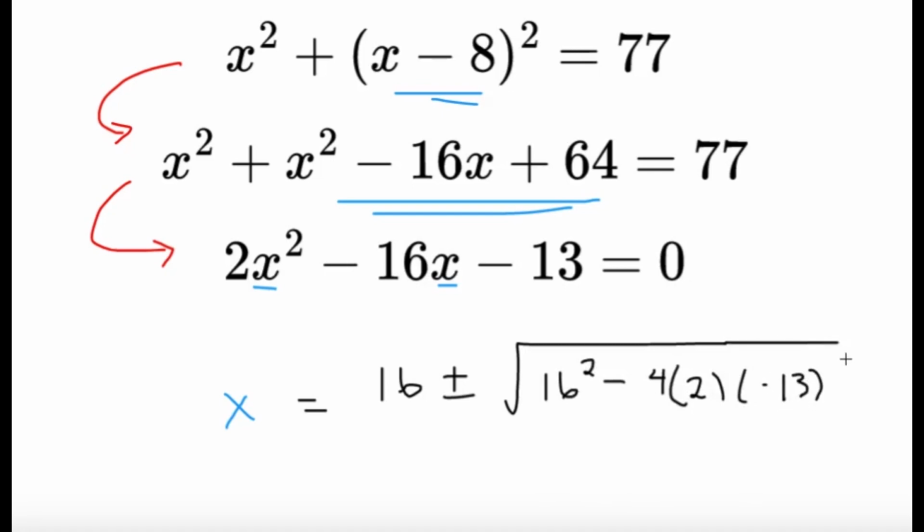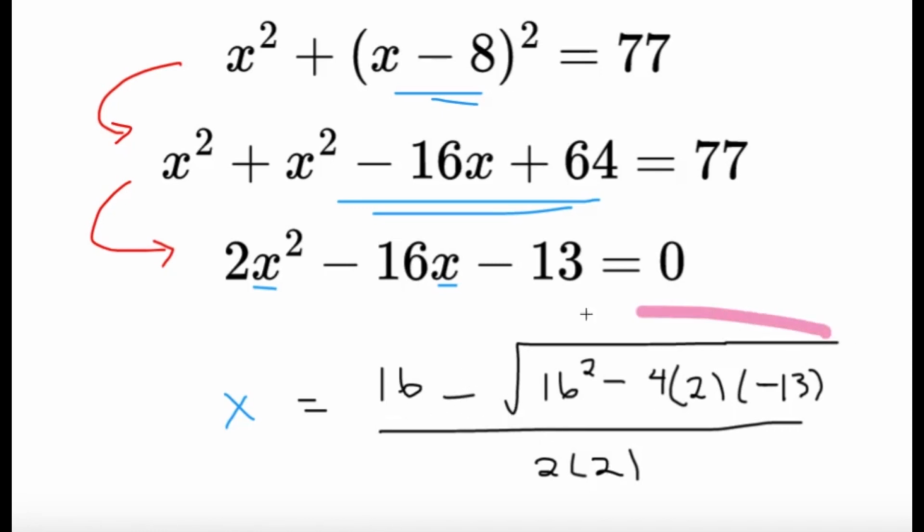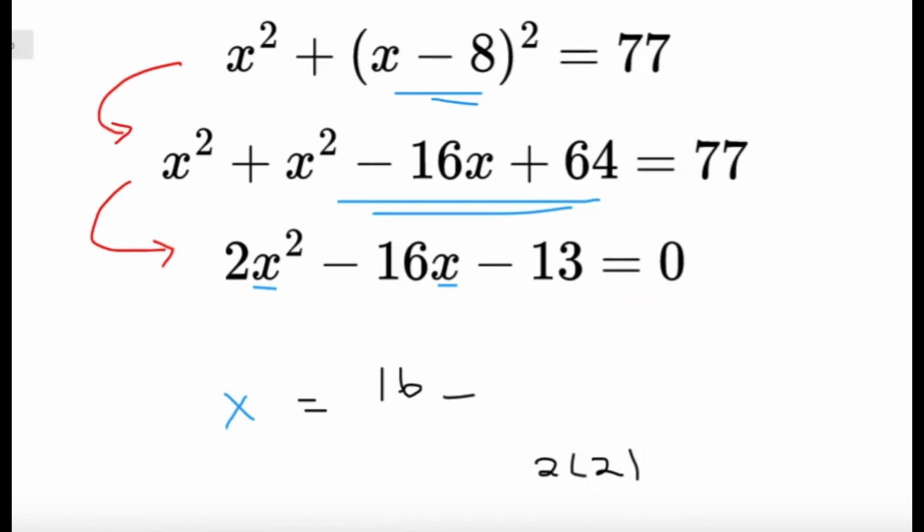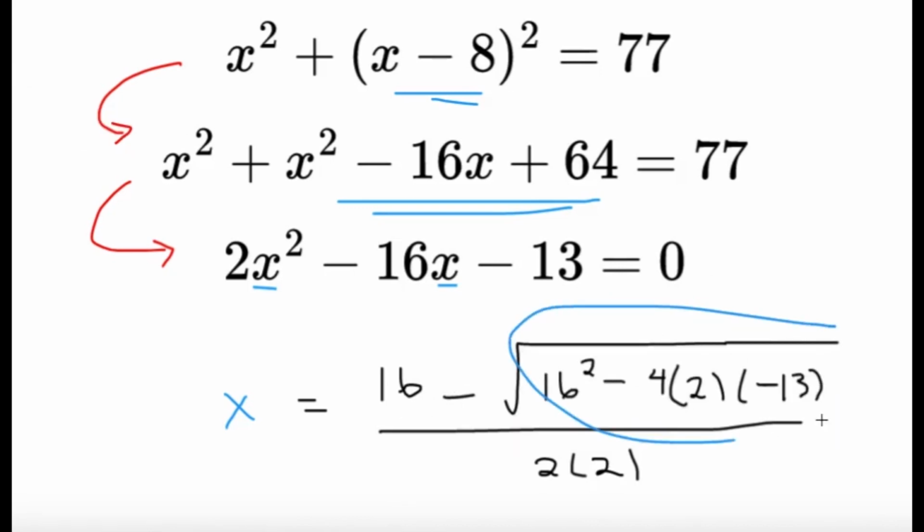Now, since we want a positive root, we can exclude the negative case, because 16 minus this thing is going to be a negative number. So we're only going to consider the positive case.